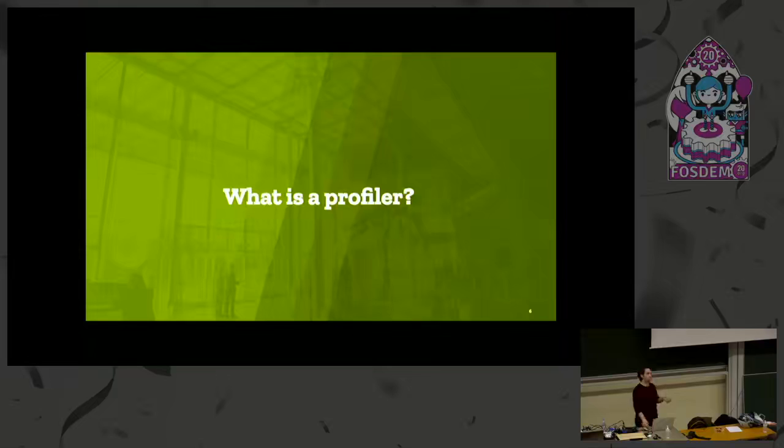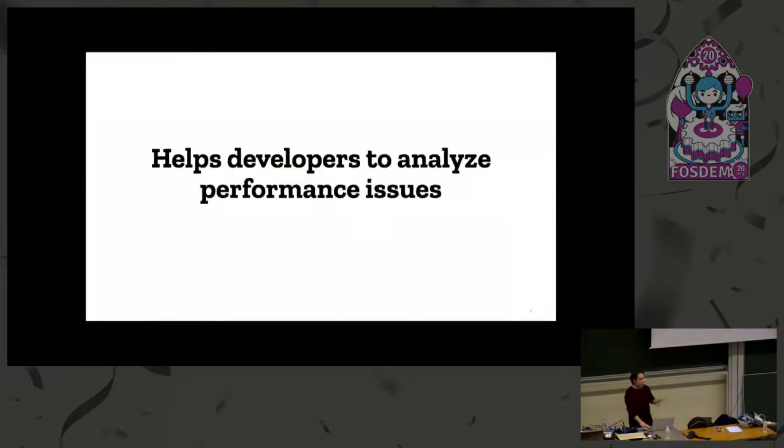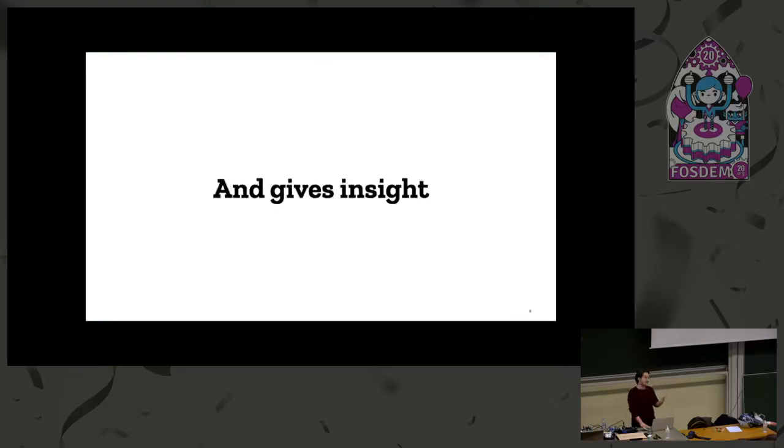But essentially, we should take a step back and learn what a profiler is first. A profiler helps the developer analyze performance issues and gives insight into how a program works. It does that by sampling the program.